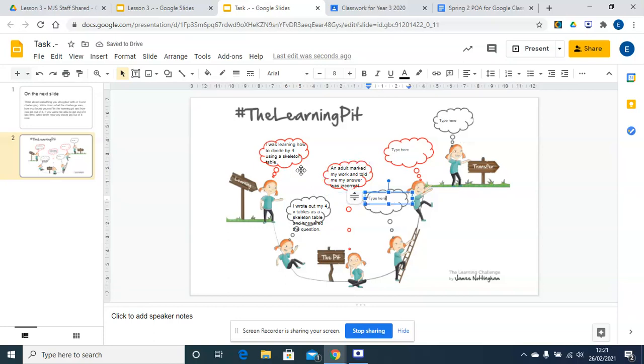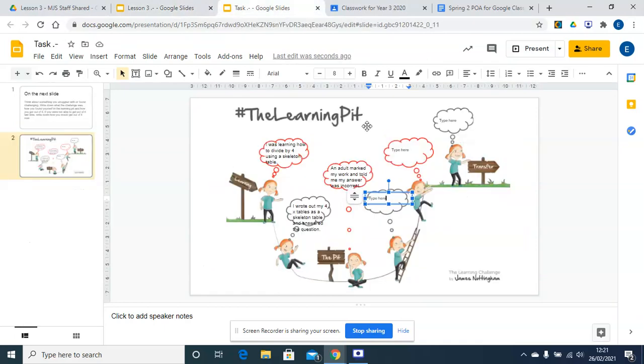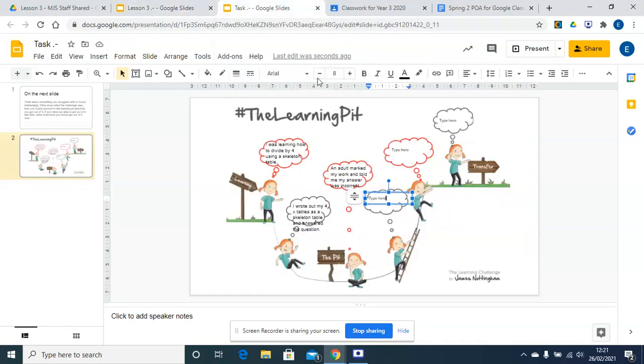Okay, so what is this stage? Flick back, remember to check. So trying to solve it. So here is going to be what you did to try to come up with the correct answer after you were told your first answer was wrong. So I know that I went back and checked my 4 times tables.